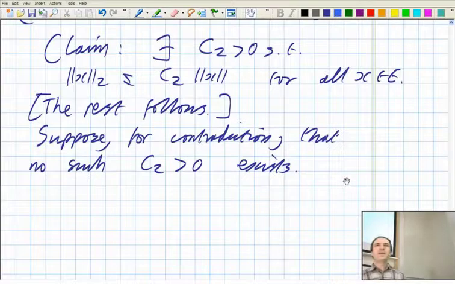That's right. So we know that we can find a sequence xn exhibiting the failure of n as a possible C2. Okay?